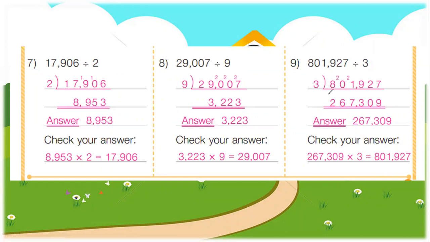So now what we're going to do, 3 multiplied by 2 is equal to 6. 8 minus 6, remainder is 2. It will come at the 10,000 place. So now in total we have 20 at the 10,000 place. Again, 3 multiplied by 6 is equal to 18. So 20 minus 18 is equal to 2. 2 will come to the 1,000 place. So now at the 1,000 place, we have 21 thousands. Again, 3 multiplied by 7 is equal to 21.